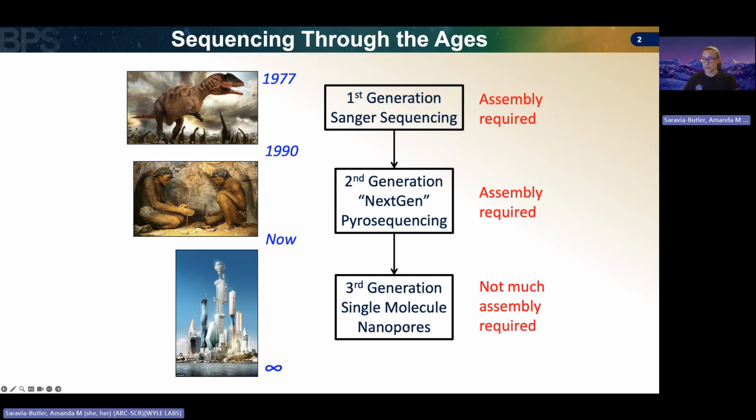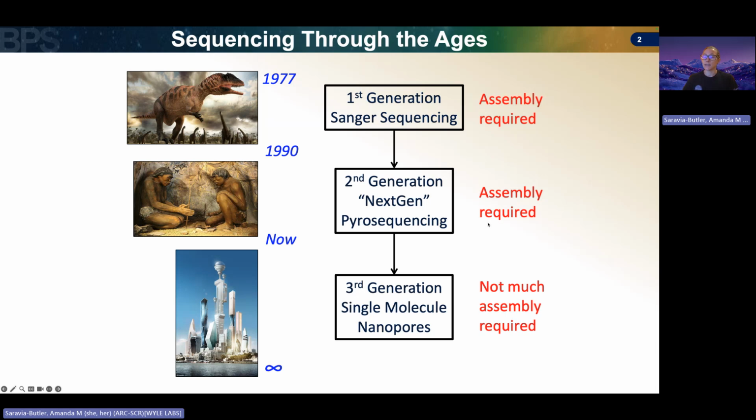And third generation sequencing, which is also happening right now in 2024 when this lecture is being recorded, is single molecule or nanopore sequencing. This type of sequencing can sequence very long strands of DNA, so depending on the length of DNA you're sequencing, assembling may not be required for this technique.